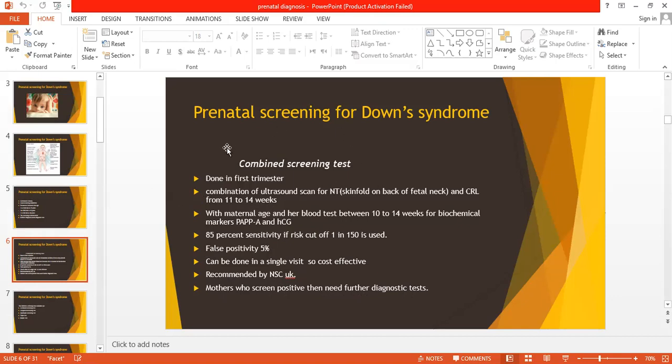So this is the first screening test for Down syndrome, which combines maternal age with the nuchal translucency measurement and 2 biochemical markers from the first trimester.